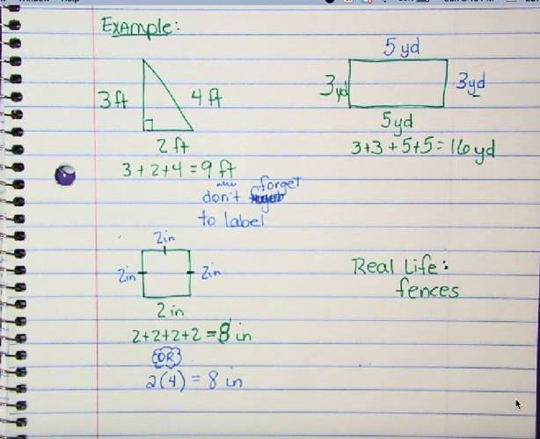So perimeter is something that is very common with fences in new home building and those types of things. If you want to buy a border to put up in your bedroom, you would have to measure around to see how far it is around your room so you know how much border to buy. So this can be a useful skill. All you have to remember is to add.